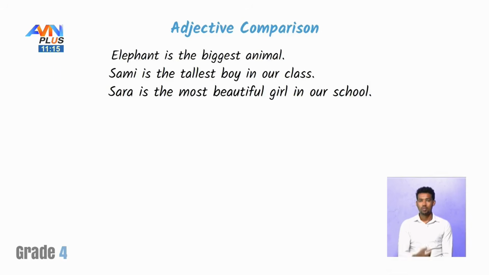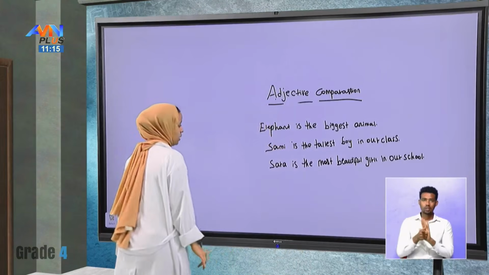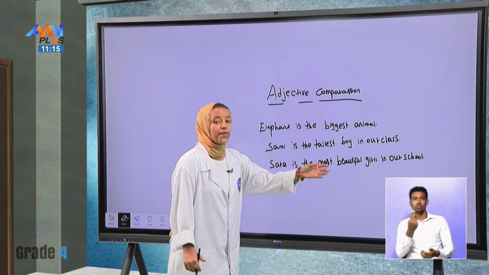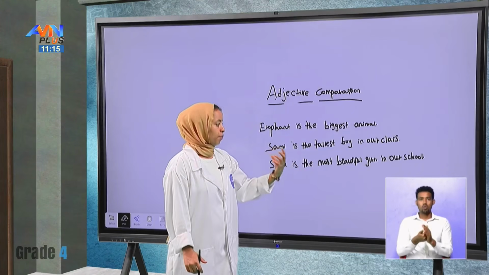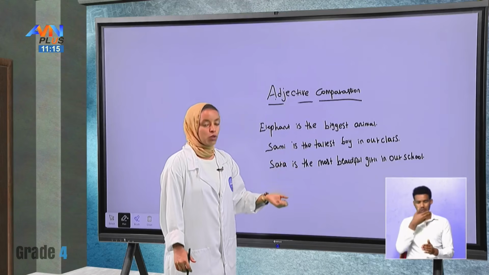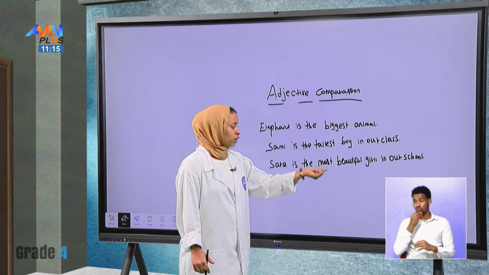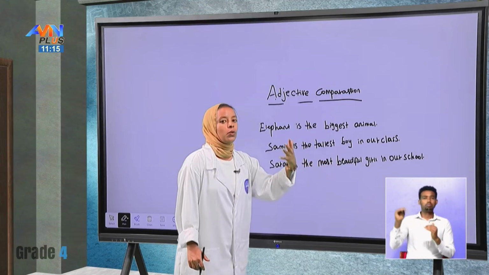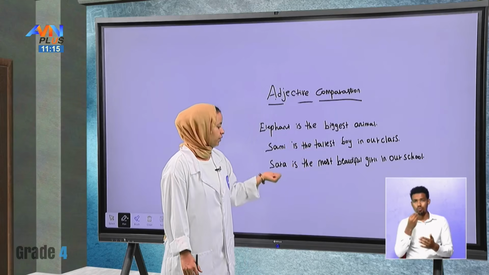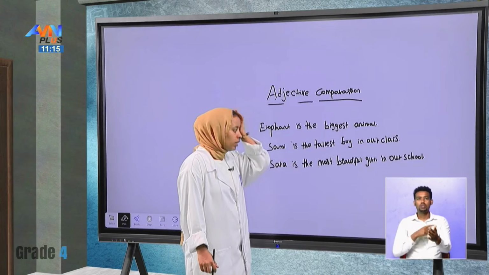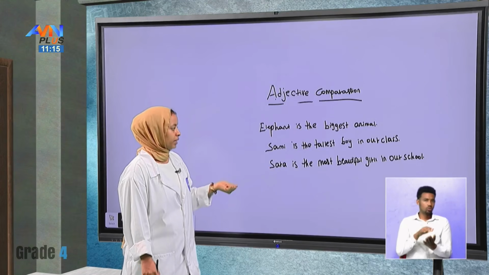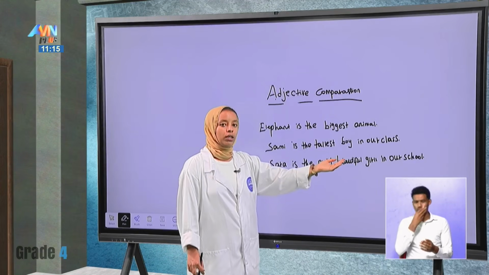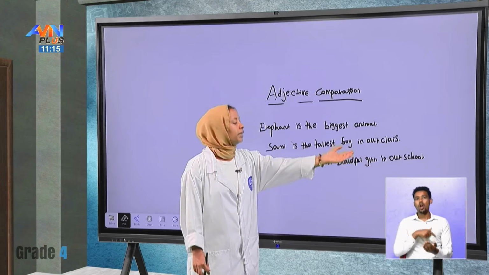Look, students, in this example we are comparing Sarah with our school, the whole compound. She is the most beautiful, because we are using most for beautiful. This is a long syllable adjective. Sarah is the most beautiful girl in our school.